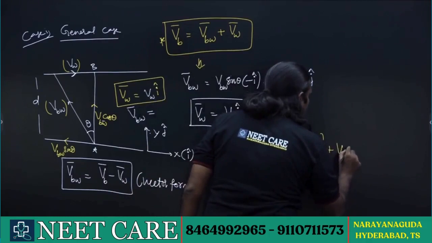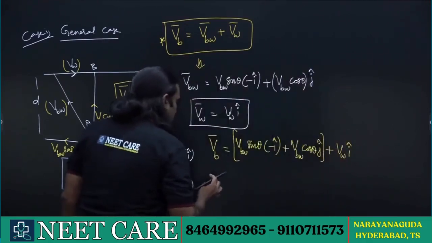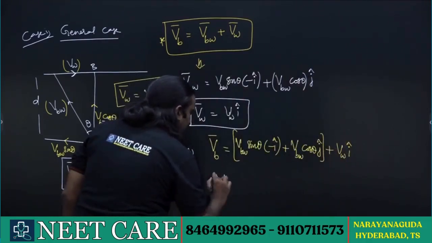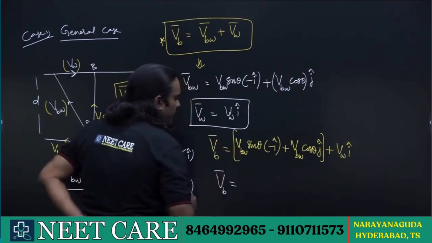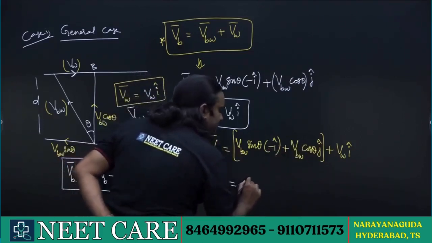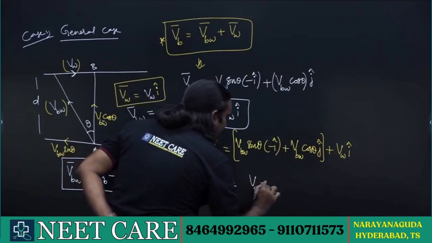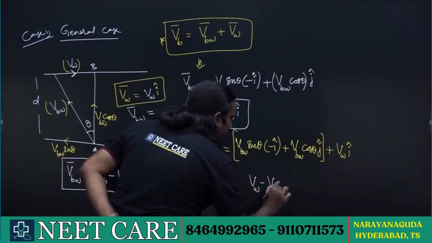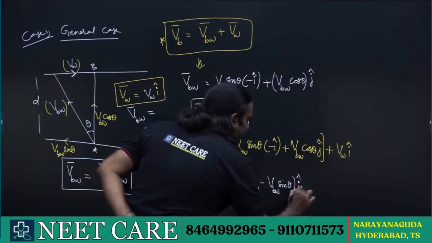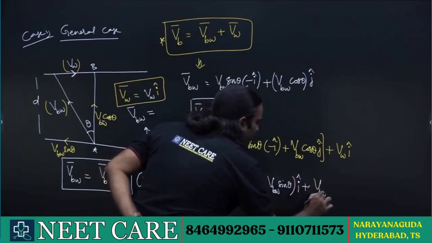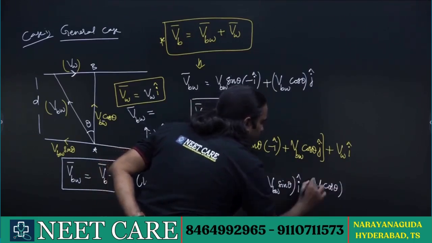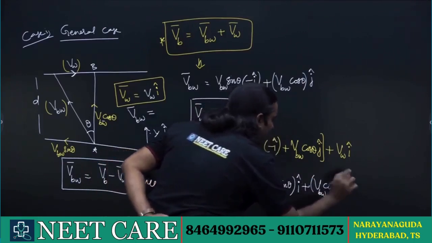VW is pointing along the x-axis, that's it. So therefore, the final value of VB, taking I cap common, would be VW minus VBW sin theta into I cap plus VBW cos theta into J cap. That's it. This is the absolute velocity of the boat.